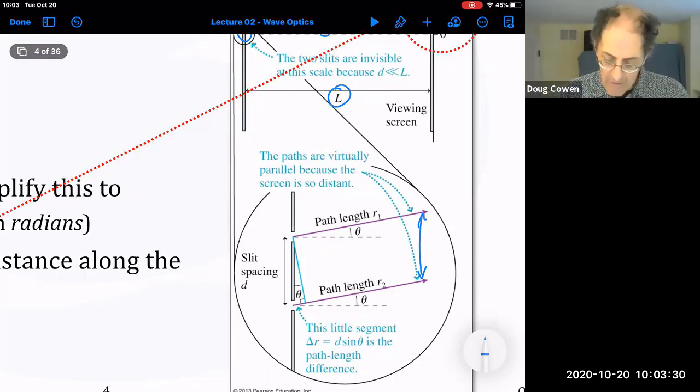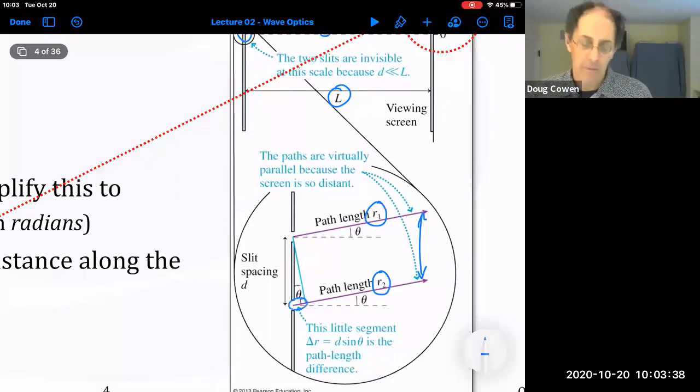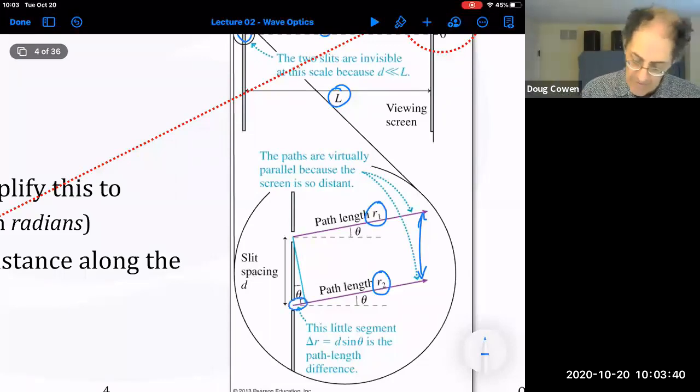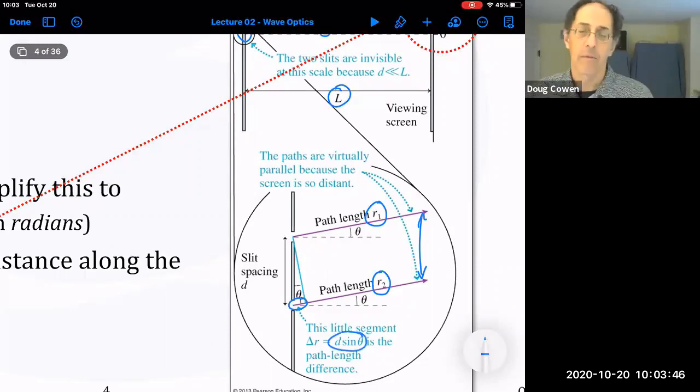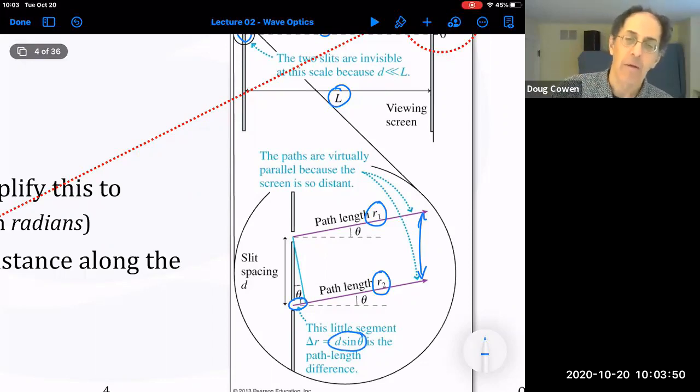The one that's below, labeled R2 versus R1, is going to travel this extra distance in order to get there. And that extra distance is given by d sine theta. That extra distance is going to be small because d is small. These angles are also kind of small, but in particular, d is small.